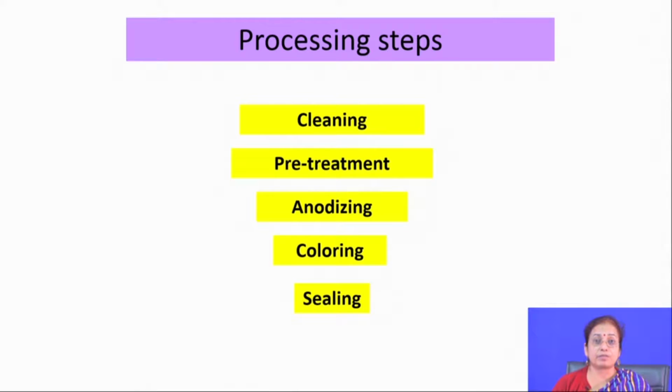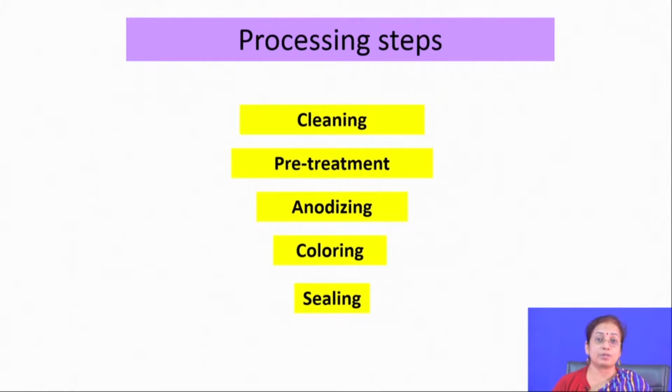The processing steps one should follow are: clean the surface properly, then pre-treat, then do the anodizing operation, coloring, and then sealing. As I mentioned, anodizing is a treatment after which you will find a lot of porosities on the surface.